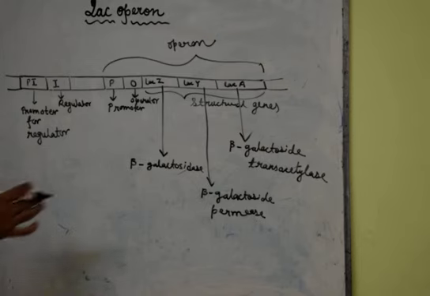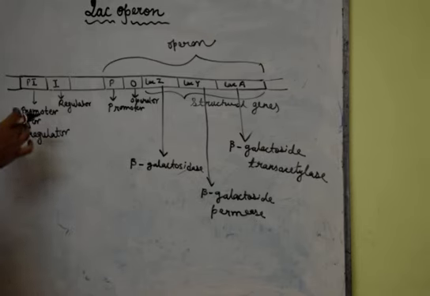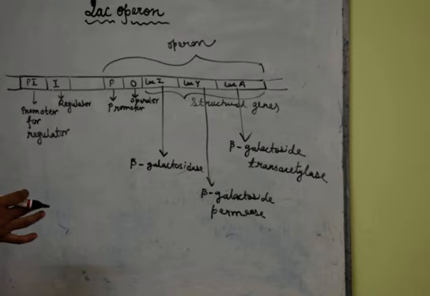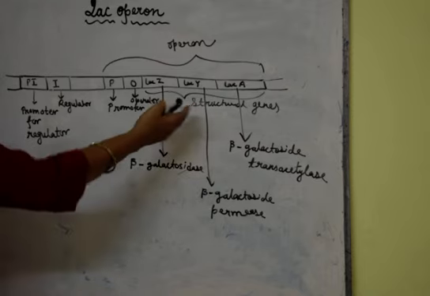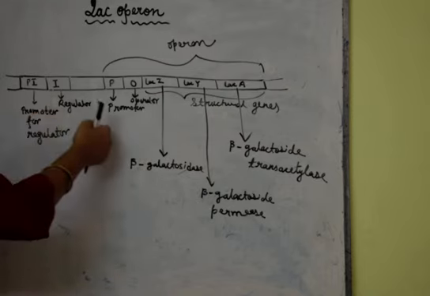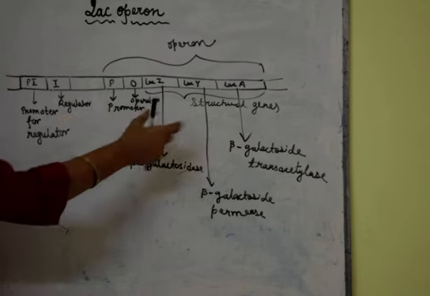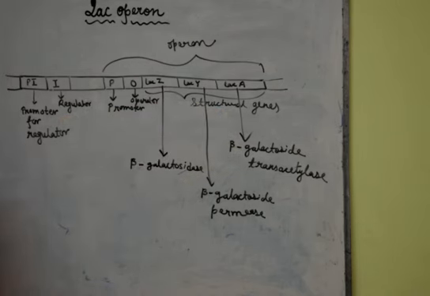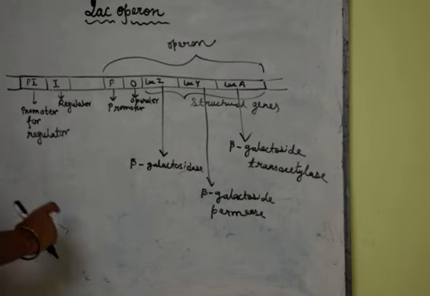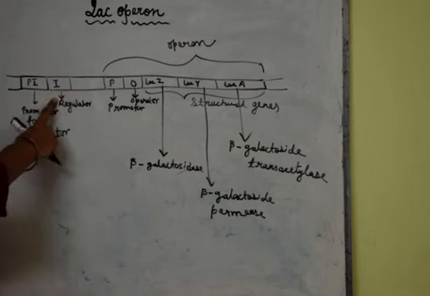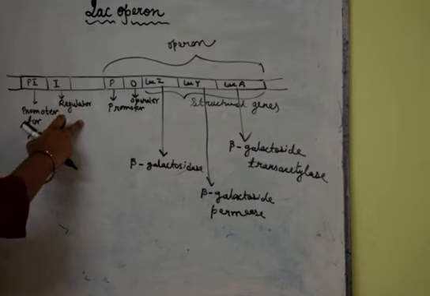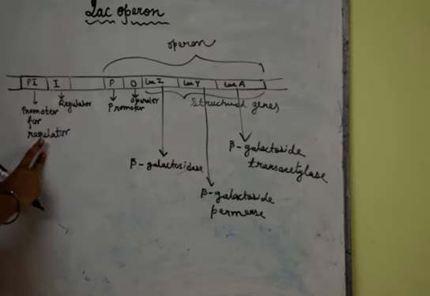It has two regions, the regulatory region and the structural region. The regulatory region regulates the structural genes, and the other three are the structural gene regions. This regulator is also known as inhibitor, and this is a promoter for the inhibitor.